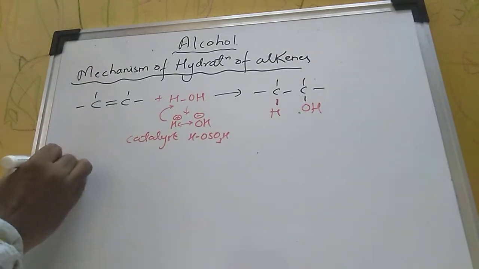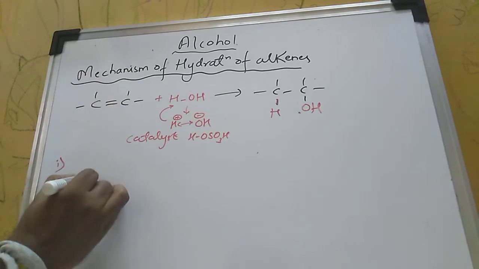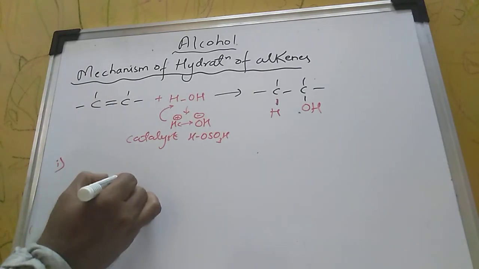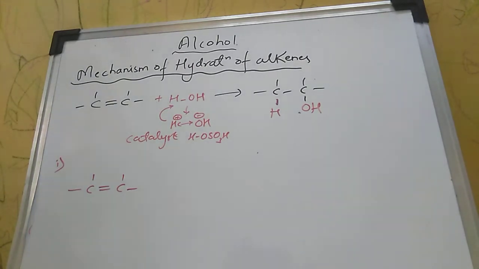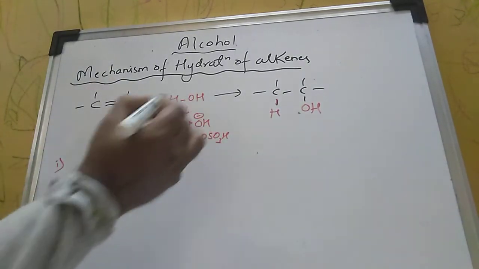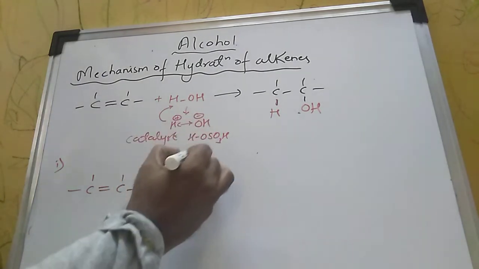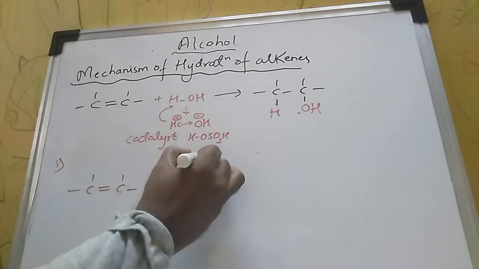Now how does the reaction work? First, the alkene has to react with H plus. So for that, the sulfuric acid provides the H plus ion.